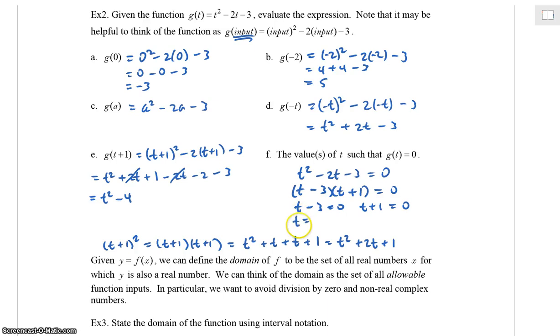We get t equals 3, or t equals negative 1. In other words, we're saying that g of 3 equals 0, and also g of negative 1 equals 0. So if t is either 3 or negative 1, the function will be equal to 0.